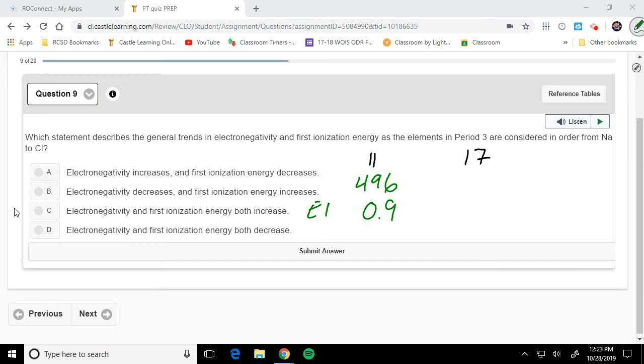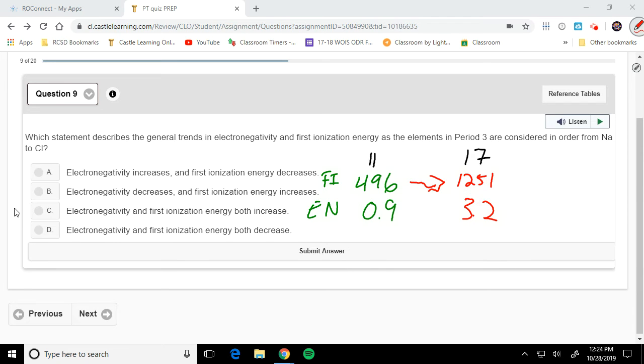So this is my electronegativity, and this is my first ionization. And then for element 17, I have 1,251 and 2.6. Oh, that's the wrong one. That is sulfur. That's 3.4, 3.2. That's okay, 3.2.